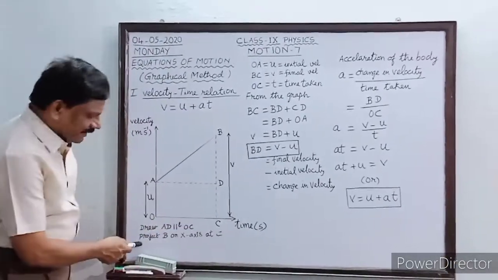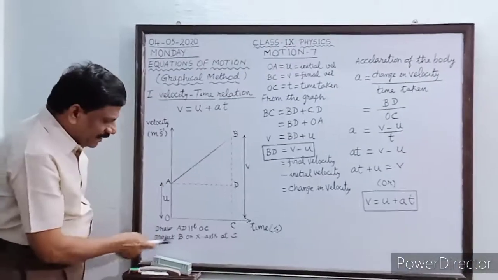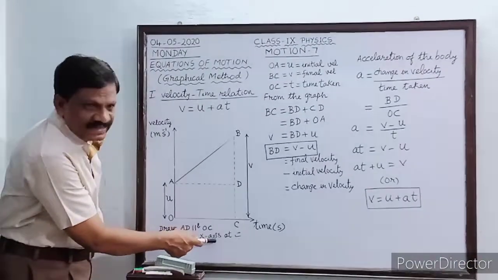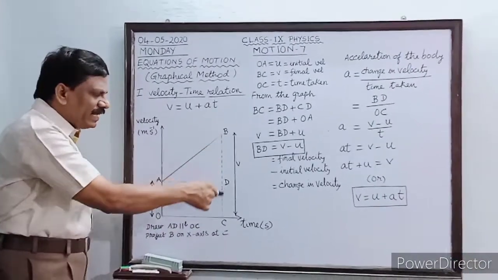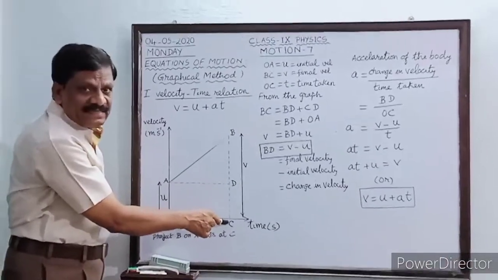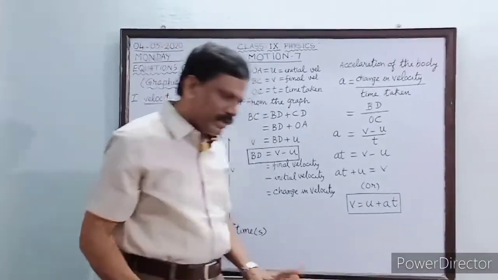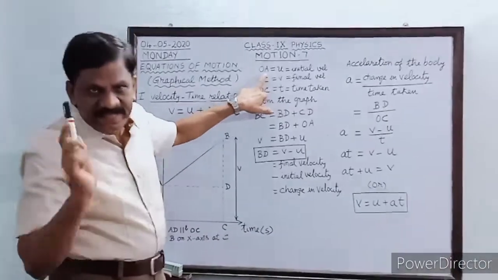Then, what is the second construction we have done? Project the point B on the x-axis, at which point is C. So, B is vertically projected on the x-axis and it meets the x-axis at the point C. Look at this length OA.